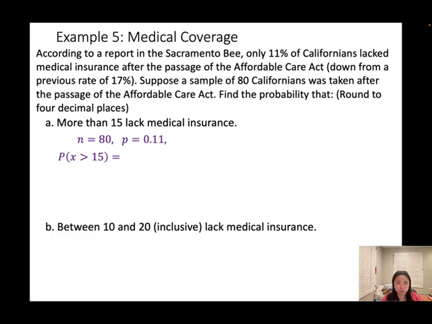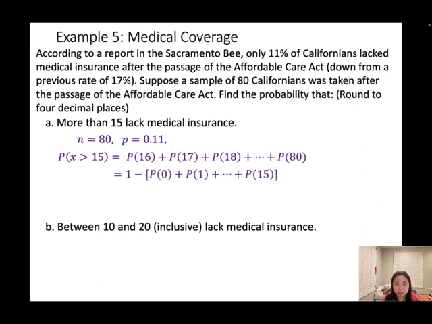This means you're looking for P of 16, P of 17, until P of 80. So we're going to use the trick, 1 minus P of 0, P of 1 until 15. You can see in order: 15 and then 16, 17, 18 until 80. So for this part, we can use the binomial CDF, cumulative from 0 to 15. Use your calculator.